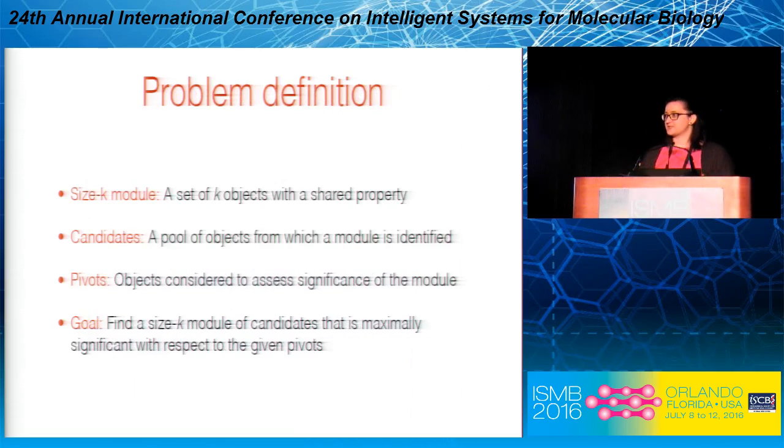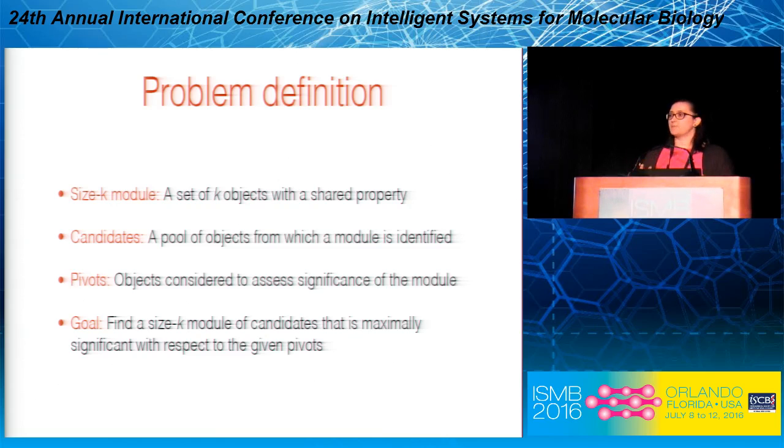Let me introduce our modeling approach, and before that, a bit of terminology. I will use the term size K module to refer to a set of K objects that have a specific property that is shared among all members of the module. Candidates is a term which I will use to refer to all objects that are potential members of the module that we would like to infer.